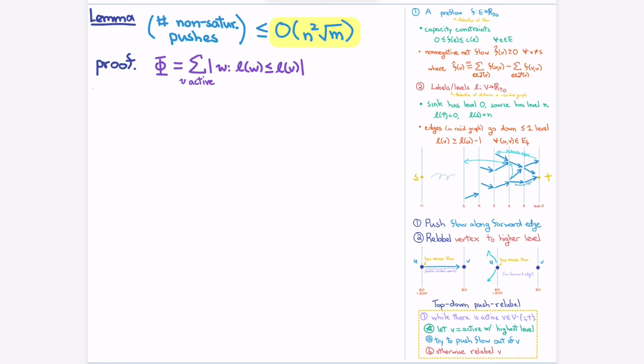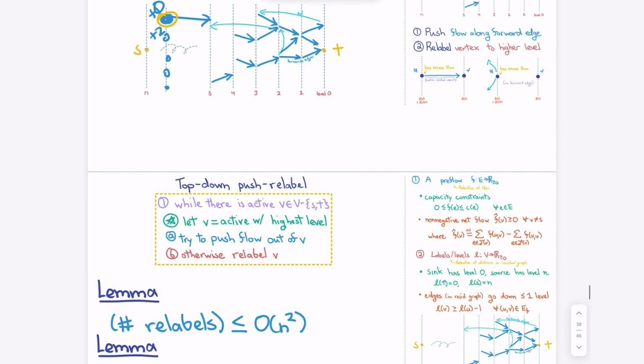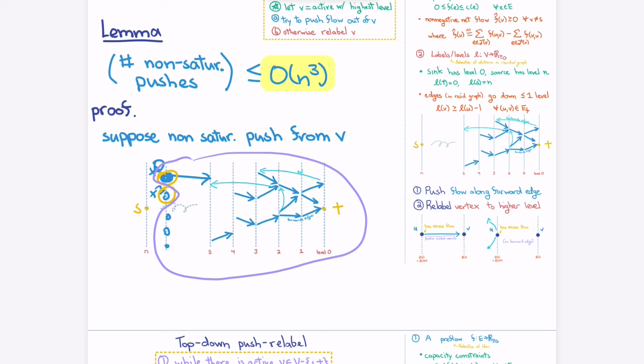For every active vertex, you're going to count the total number of vertices with label less than or equal to it. So if I go back to this picture here, let's say this is active, then you are going to count up the total number of these vertices. And you're going to add that to the sum.